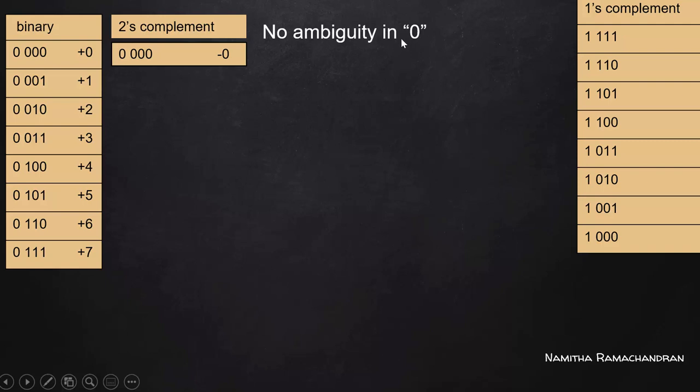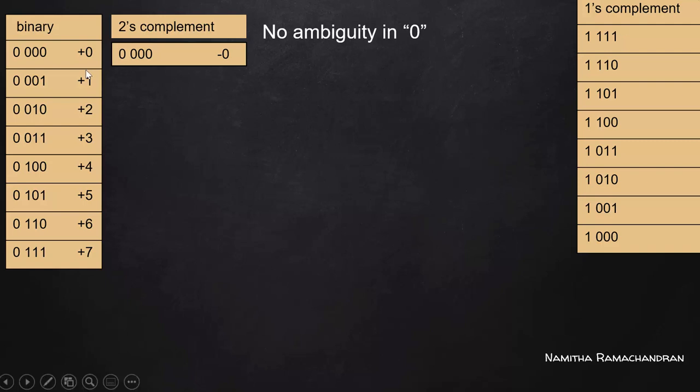Ambiguity exists in the case of 0 in 1's complement representation as well as in signed magnitude representation, because there is a particular representation for negative 0 and another representation for positive 0. 0 is normally considered neither negative nor positive.